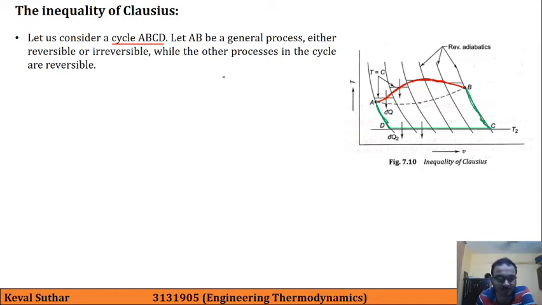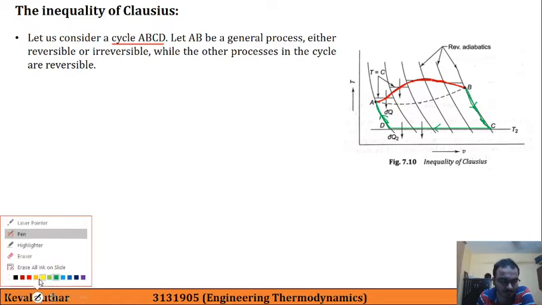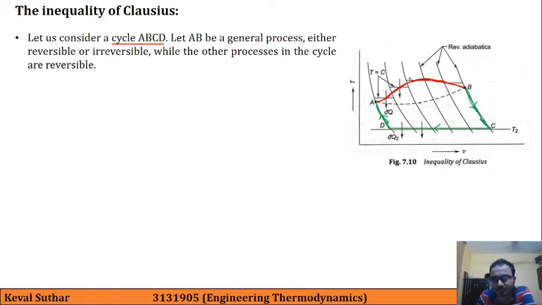Okay, so the flow is like this. A, B, C, D cycle.